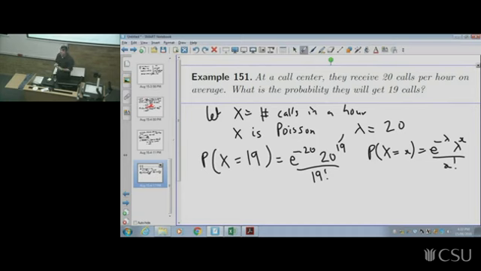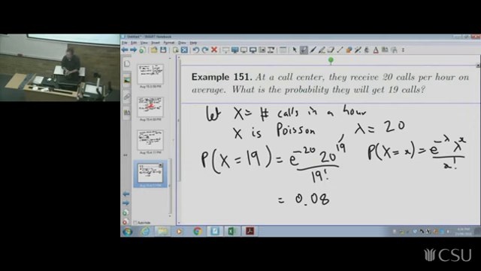And again, you have to use your calculator. There you go: 1.08 times 10 to the 16 is the numerator, divided by the factorial. What is that number? 0.08 was someone's suggestion.